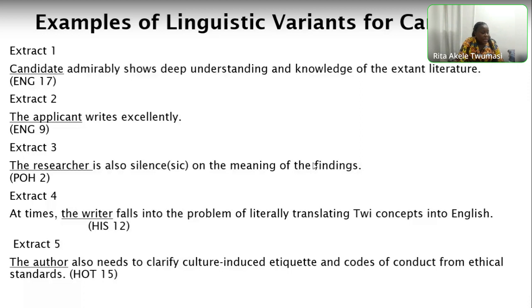So we have, at times, the writer falling into the problem of translating key concepts into English. So if you look at this one, the writer falls short of what is expected of him or her, therefore warranting that negative comment from the examiner.